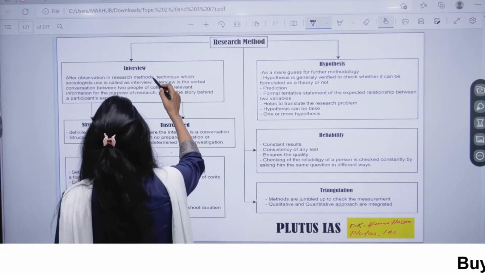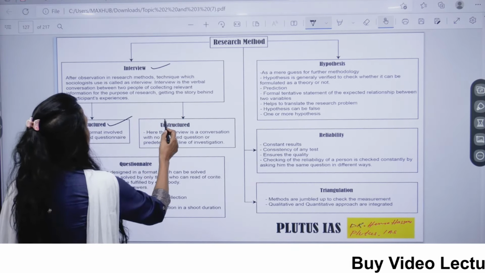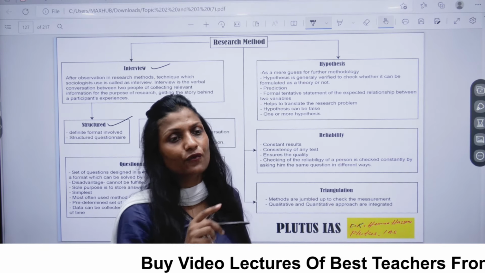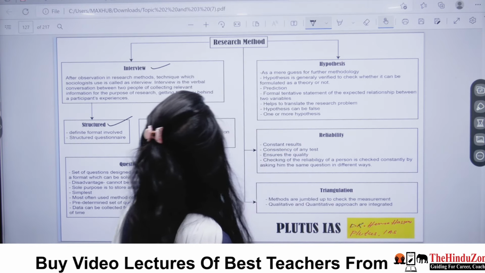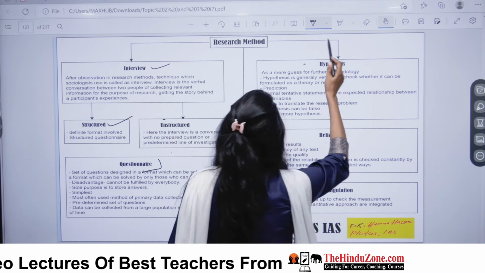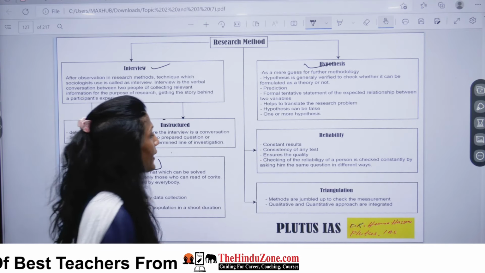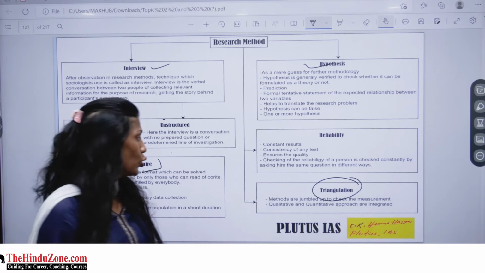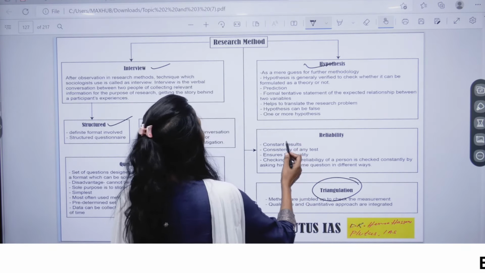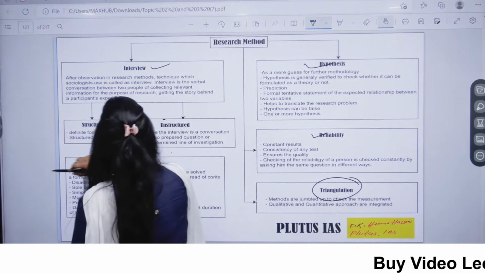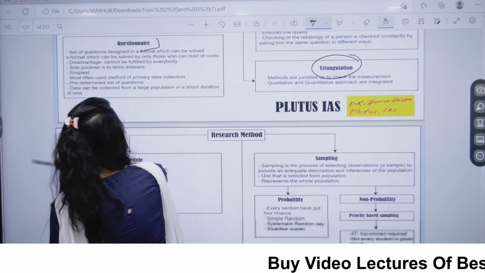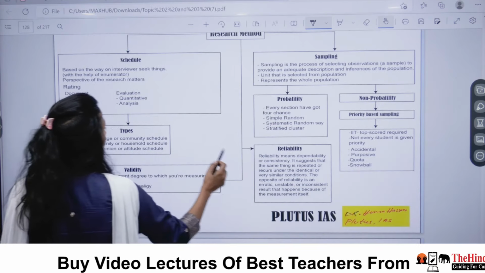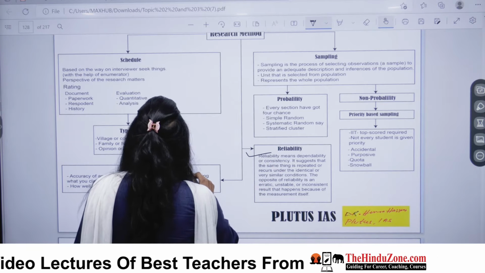We know about interview method, structured, unstructured, what is the use of questionnaire, how questionnaire is different from schedule, okay? Why do we need hypothesis? Triangulation is the method by which we use quantitative and qualitative approach both. Now we need to understand reliability and validity.